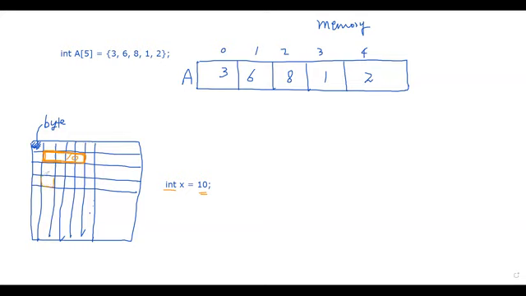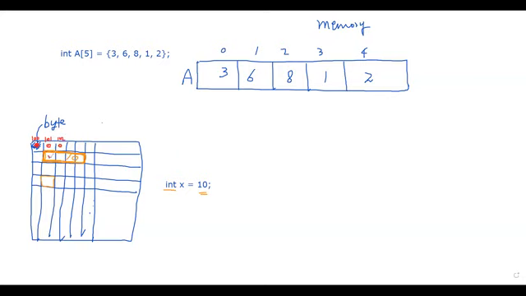Each small cell in the memory has an address. For example, if the address of this cell is 1000, or let me use 100, a small number. If the address of this space is 100, then the next space address is 101, the next is 102, and it goes this way.